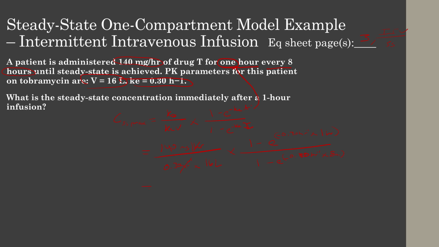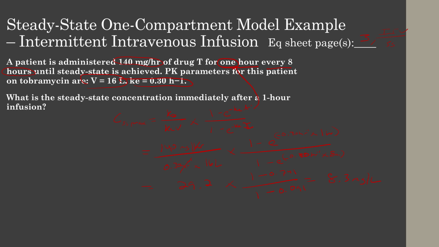Alrighty, if you start to do all this math out, you get approximately 29.2 for this first part, and then you get 1 minus 0.741 over 1 minus 0.091. Okay, then when you do all that messy math out, again, this is where you get your calculator skills together.